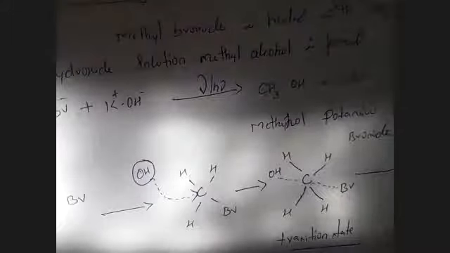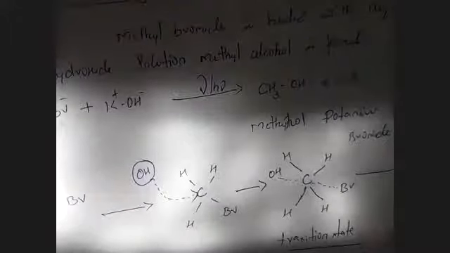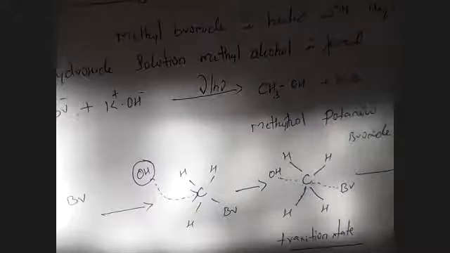For that we have only one reason, that is based on more electronegative and less electronegative components. Suppose, in the position of bromide, hydroxide came. If hydroxide is there, could you replace it with bromide, the reverse of it?